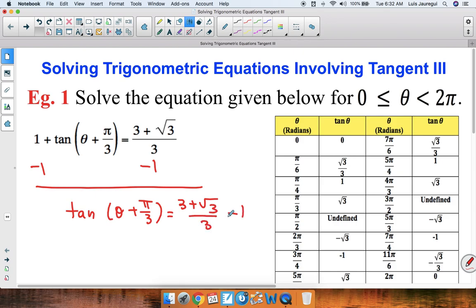Now, let's find the common denominator here, which happens to be 3. So let's multiply this 1 by 3 over 3. Thus, we can rewrite the equation as follows. Tangent of theta plus pi over 3 is equal to (3 plus the square root of 3) over 3 minus 3 over 3.